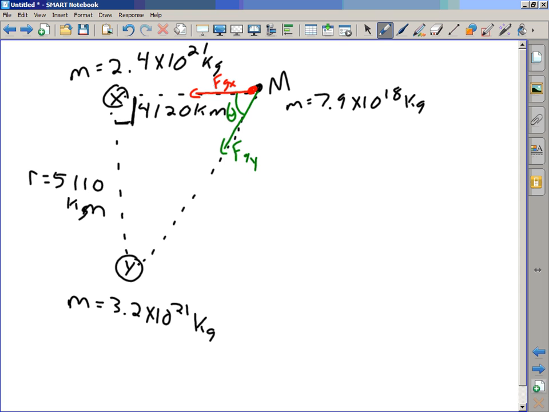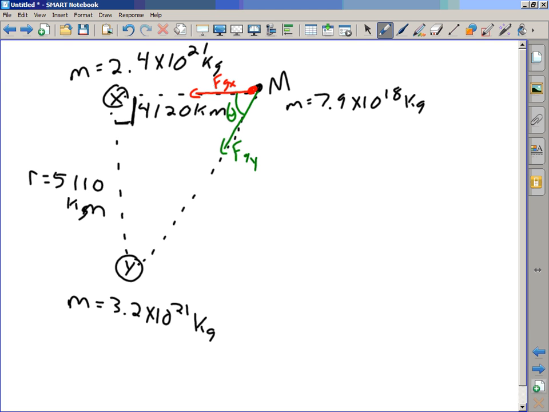Mass of Y, mass of moon divided by the radius between, I don't have the radius. Where can I get the radius from? Pythagorean theorem, you got two sides of a right triangle. Pythagorean theorem, you get the hypotenuse of that right triangle. Yeah, you have the distance from X to the moon and from Y to X. Alright, good. So you have two sides. Figure out the hypotenuse of it.